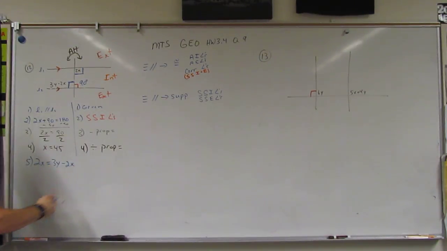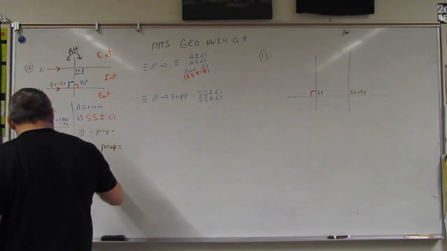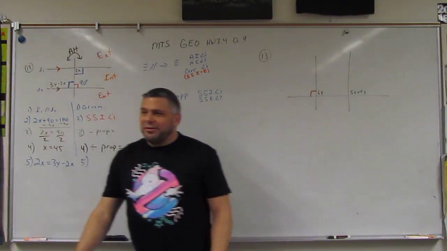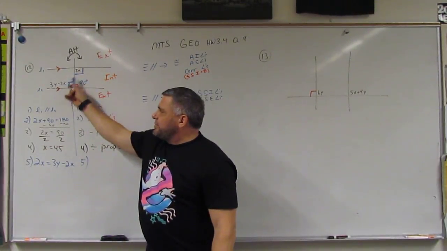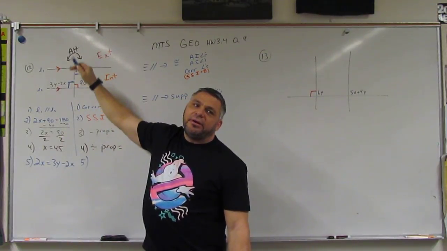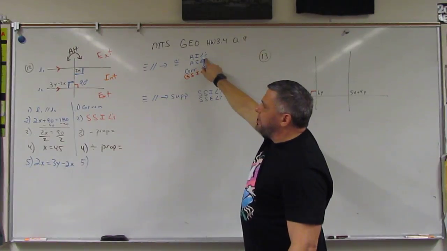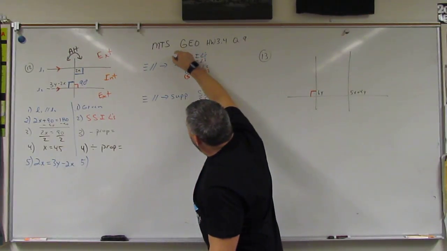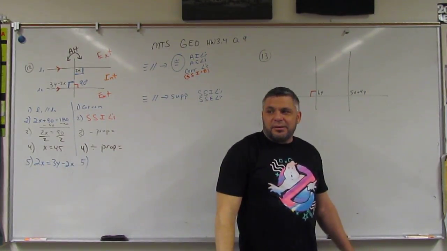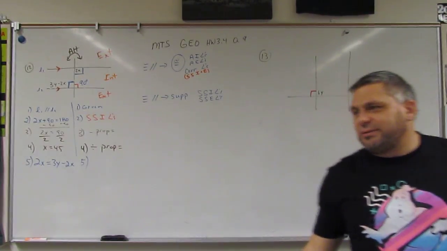Is that true? Yeah. Why? Think. Are they alternating? Are they interior or exterior? Interior. So they're alternating interior angles, right? Which are congruent. So if they're congruent, then they're equal, correct?